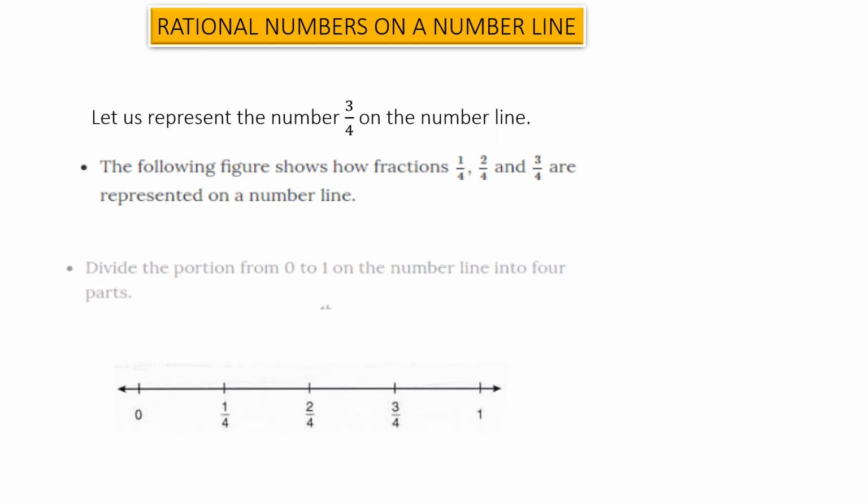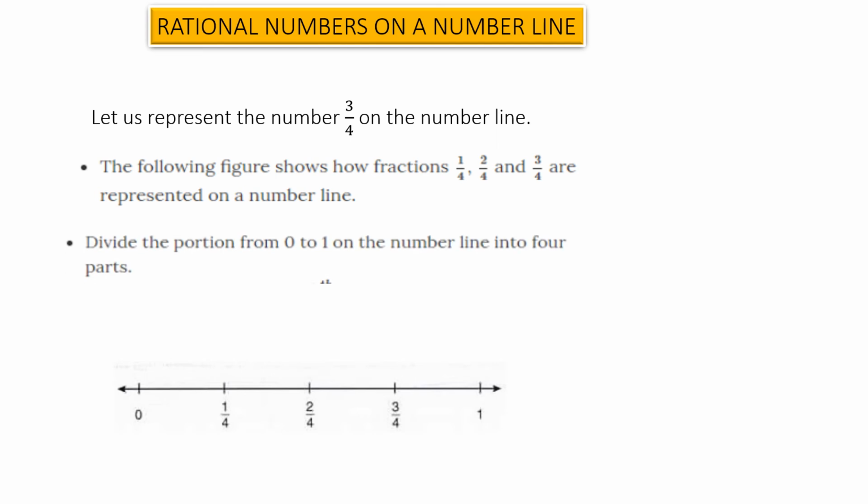Therefore, divide the whole portion from 0 to 1 into 4 equal parts. Then each part represents 1/4 portion of the whole. Therefore, you will get the number line like this: 0, the next point is 1 by 4, 2 by 4, 3 by 4. Then 4 by 4 comes, which is the same as 1. Then if you want 3 by 4, you can just circle the point 3 by 4.